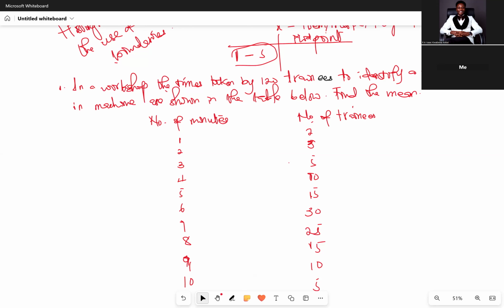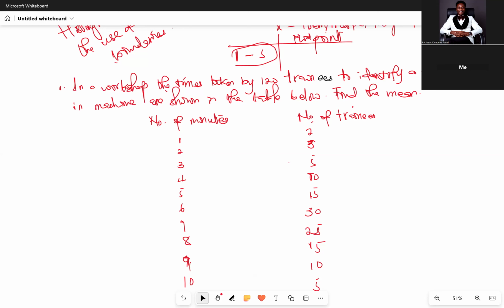Companies also organize workshops for their staff. So in one particular workshop, the time it took 120 trainees to find a fault in a machine is shown in the table below.